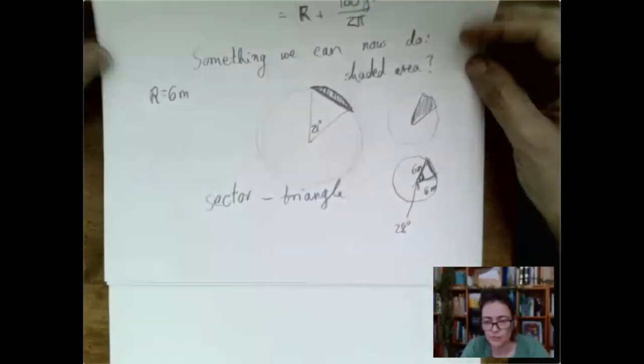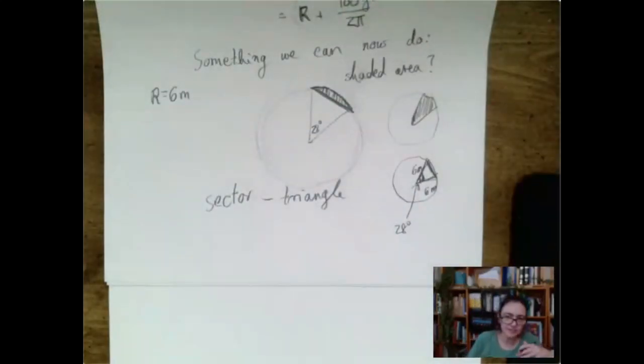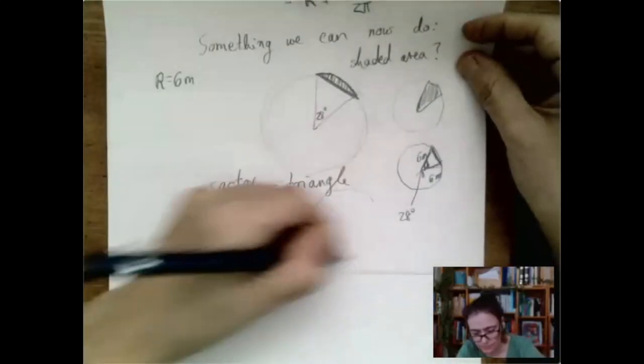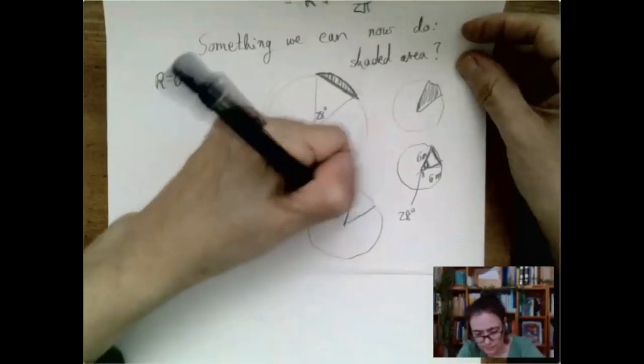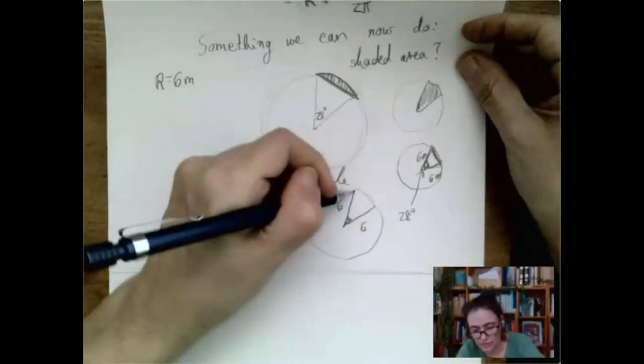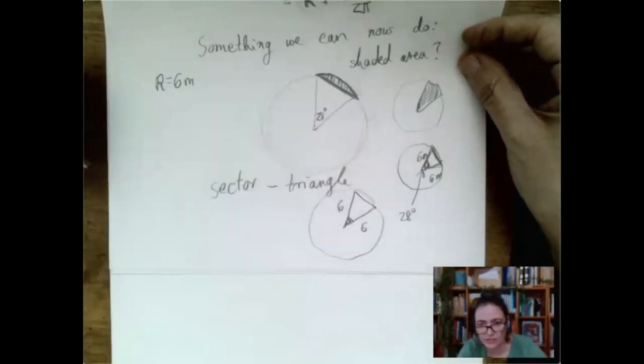So with this newly found, well, you could sweat, and with right triangle trigonometry, you can find everything. This is really small. This is 6, and this angle is 28 degrees. So you can find the area of this triangle.